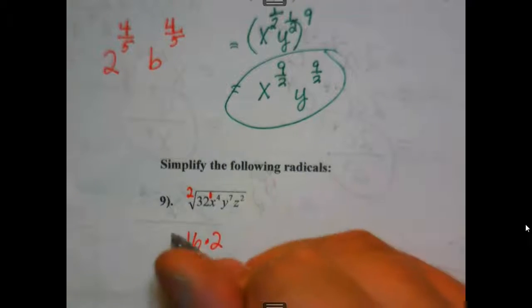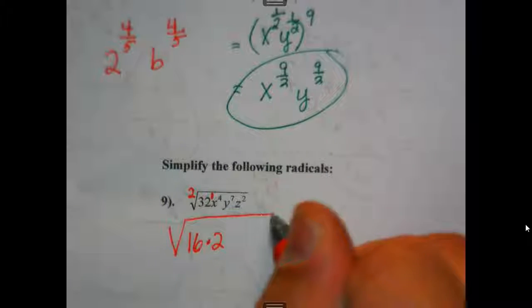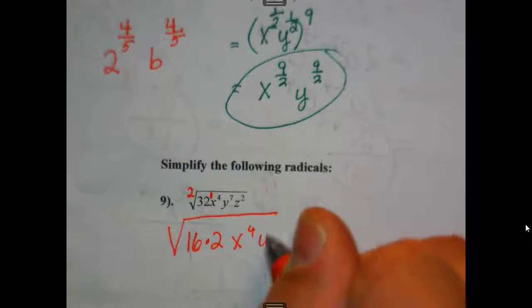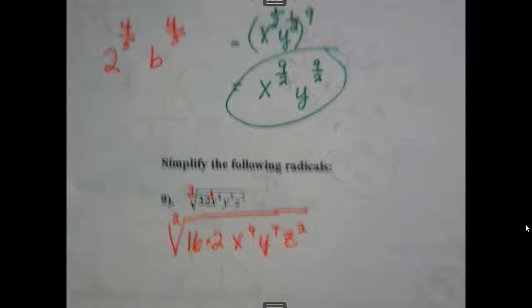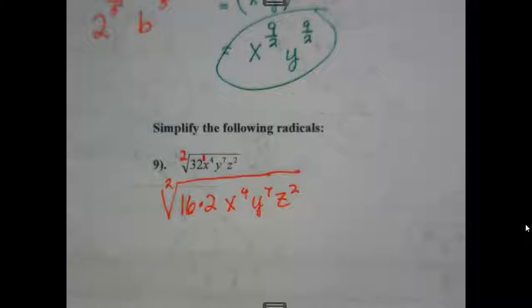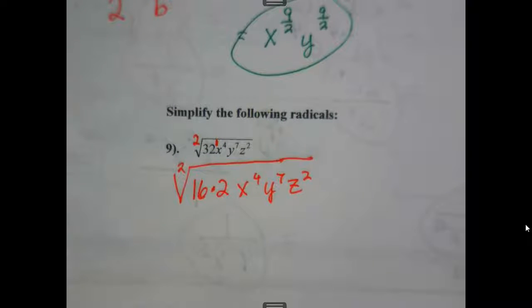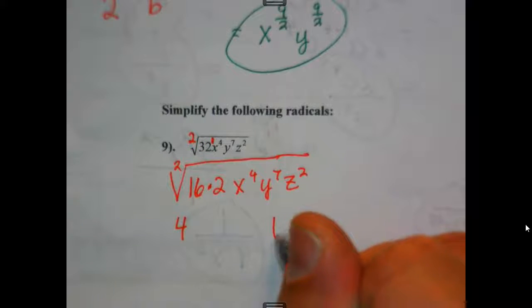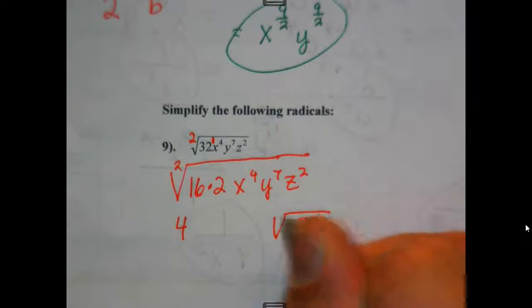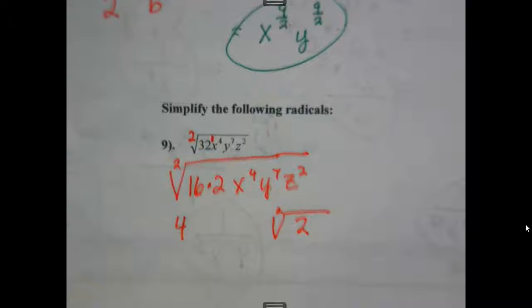So I have the square root of 16 times 2, x to the 4th, y to the 7th, z squared. Remember that's a 2. Now I can do the square root of 16, which is 4. The square root of 2 needs to stay underneath the radical. If you want to put a 2 there to keep yourself organized, go ahead.